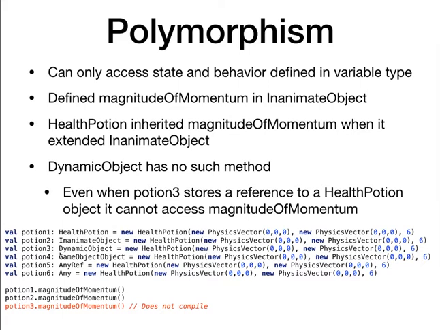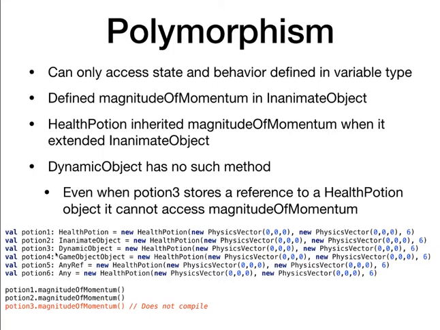Even though this object, potion 3, is a health potion, and it does have a magnitude of momentum method, we cannot access that method when we're storing it in a variable of type dynamic object, because it's not defined in the dynamic object class. As soon as we store this health potion in a dynamic object variable, we don't have access to that functionality anymore. We only have access to the dynamic object functionality.